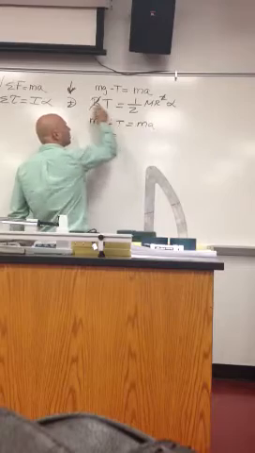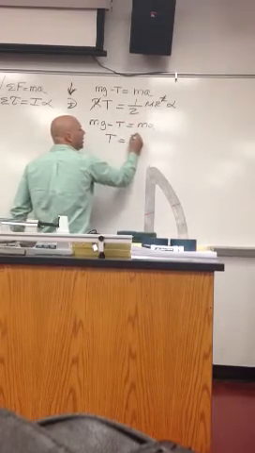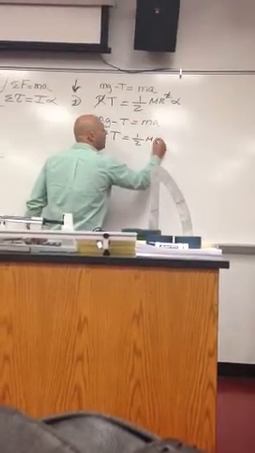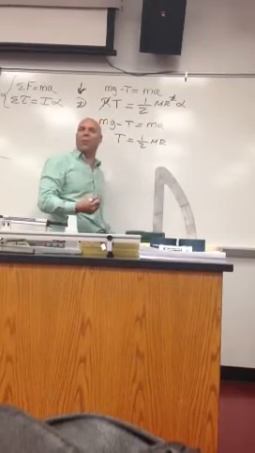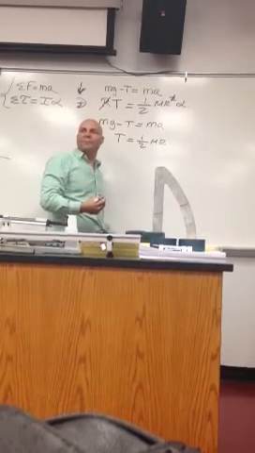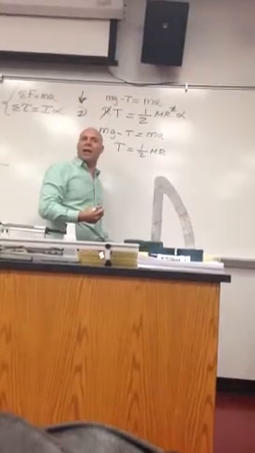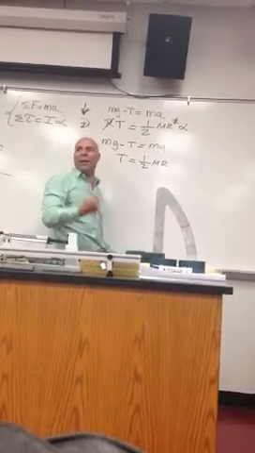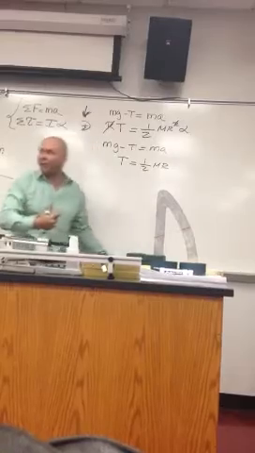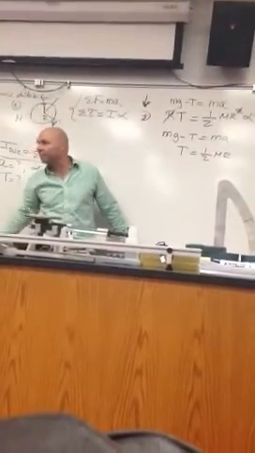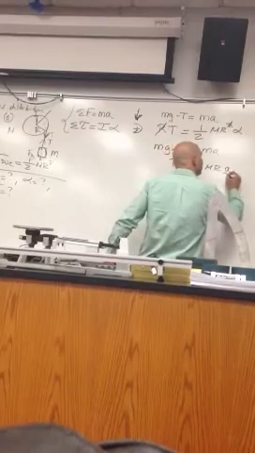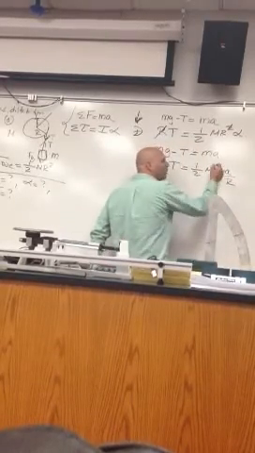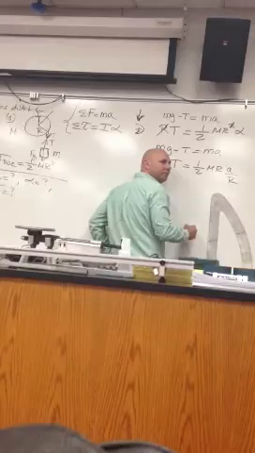And T, because I moved the R to this side, equals 1/2 MR alpha. But alpha I will replace by putting it in terms of A. What will alpha be? A over R. So what will happen to this R and this R?